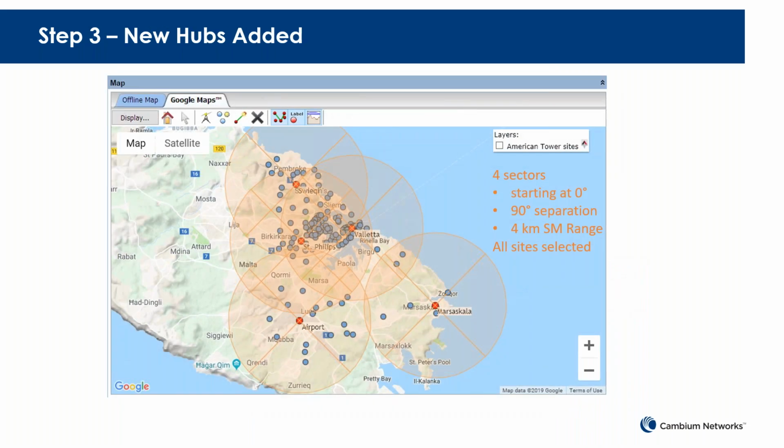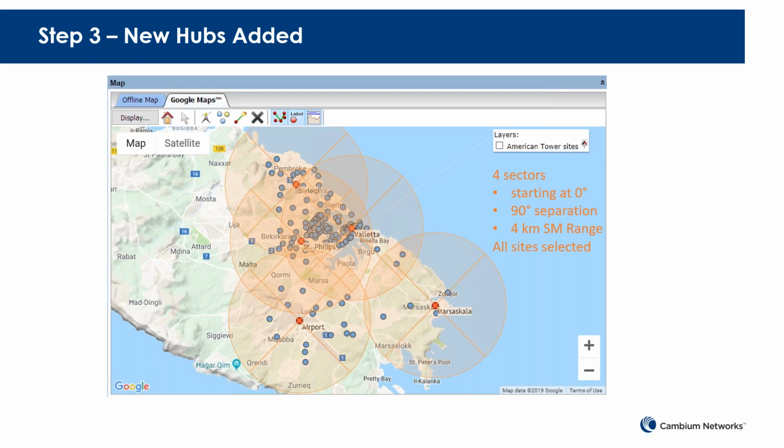This shows you what the map looks like after you've added the new hubs. And you can see, what have we got going on in here? Well, each one of those access points has 4 sectors. The first sector starts at 0 degrees, so it's pointed due north.